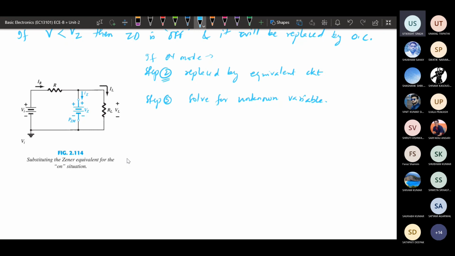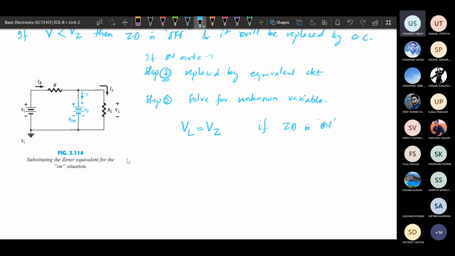We will be placing this Vz value in parallel here. That means the VL value will be equal to Vz. Whatever load resistance is there, across this there will be a voltage, that is VL. So this VL will be equal to Vz because these two are in parallel. This is the case if the Zener diode is on.